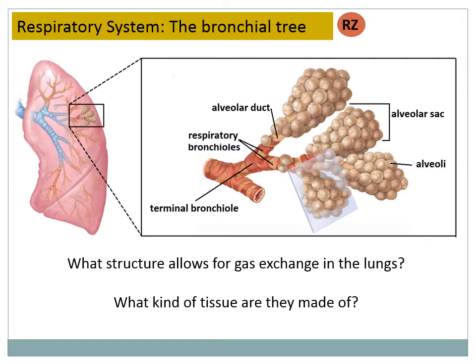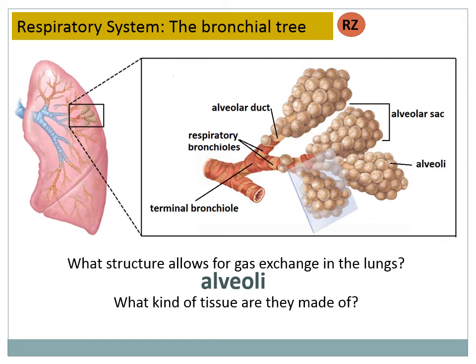All right, so what structure allows for gas exchange in the lungs? Yeah, the alveoli. Now, we have talked about alveoli just in a different word form. We called them the air sacs of the lungs, all right? So alveoli equals air sacs of the lungs. And we also talked about a tissue that the air sacs of the lungs were made of.